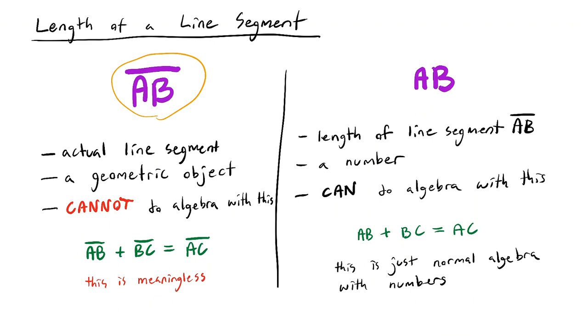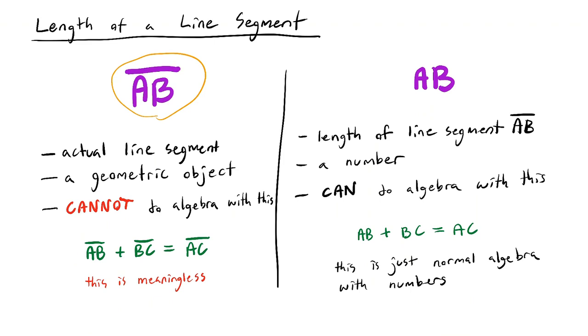So all those things you learn in algebra, plus, minus, square root, those are for numbers, okay? You cannot do those with objects. So we need a new sort of terminology with how to deal with objects, and that's what we're going to develop, okay? A little bit down below, we'll make our own form of an equal sign called congruence, okay? But for now, just know you cannot do any algebra with geometric objects, and when the line segment symbol is over the AB, we're talking about the object.